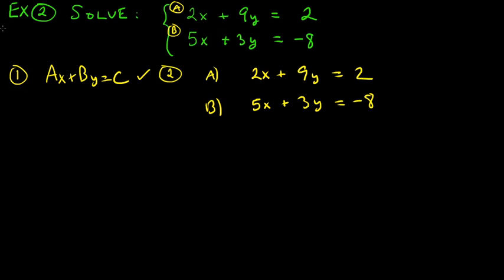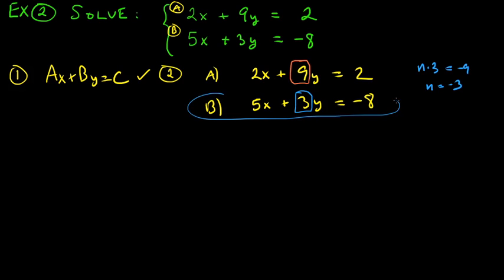So notice that in equation A, the coefficient of y is 9. So the question is, how can we get this to be a negative 9? What number times 3 is negative 9? If you divide by 3, you get negative 3. So what we want to do is multiply the second equation, on both sides, by negative 3.